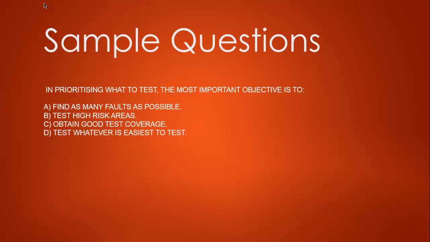Okay, let's take third question. In prioritizing what to test, the most important objective is to find as many faults as possible, test high-risk areas, obtain good test coverage. D, test whatever is easiest to test. Okay, so finding as many faults as possible is not a good objective, so we rule that out.